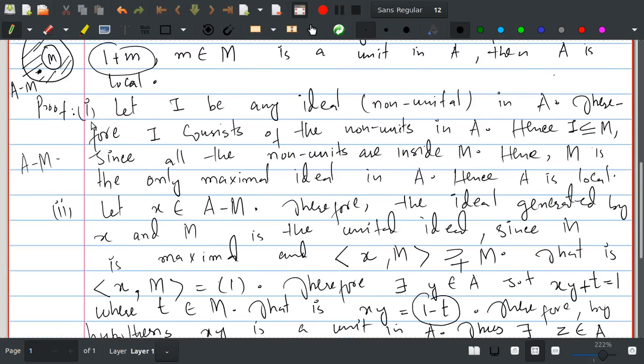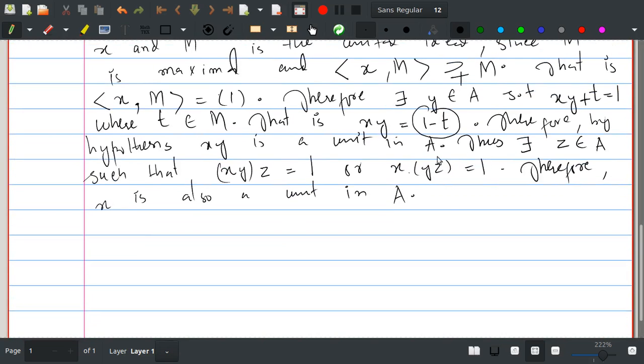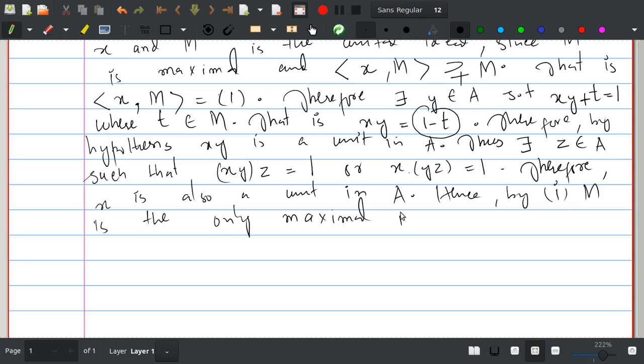So therefore, by item first, M is the only maximal ideal in A, i.e. A is local.